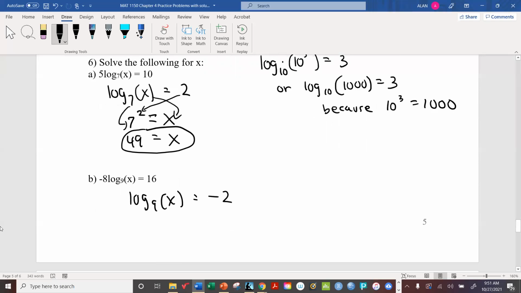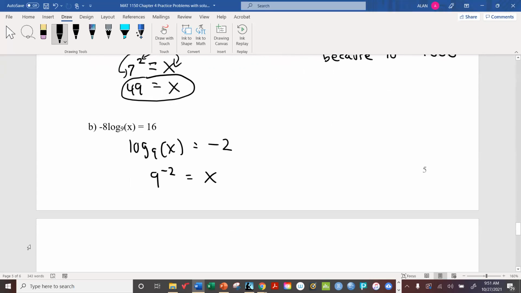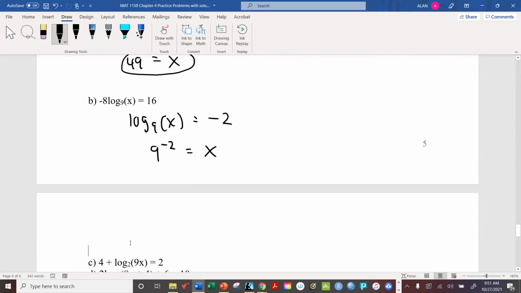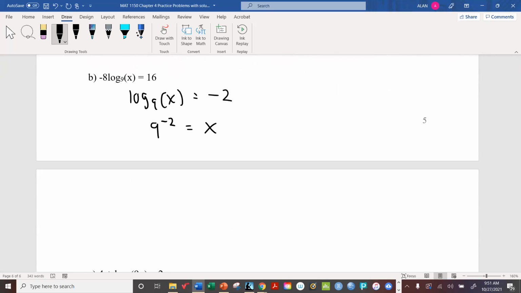And then that implies that 9 to the -2 power equals x. And 9 to the -2 power is the same as 1 over 9 squared, or 1 over 81.